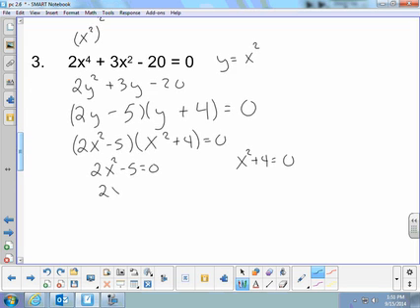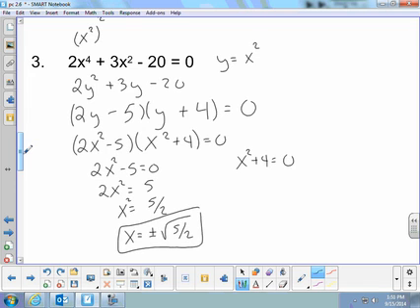Add 5 to both sides. Divide by 2. Take the square root. Over here, I'm going to subtract 4. Take the square root.